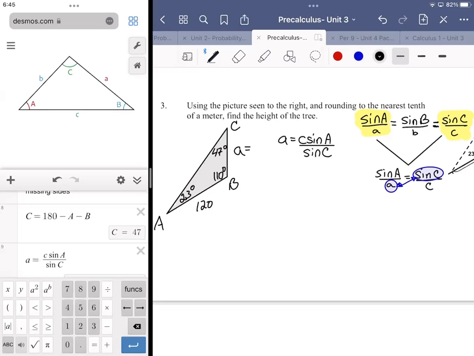So then it becomes sine A over sine C is equal to A over C. All right. Then I can just move that C up to the top part of the other fraction because, like I said, the diagonals are groupable, which means that I can take them and put them together.